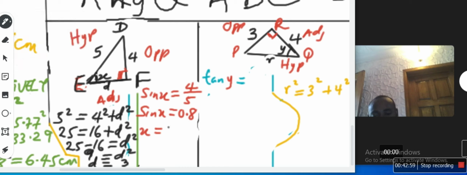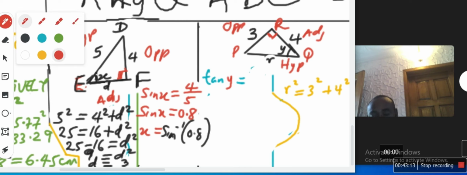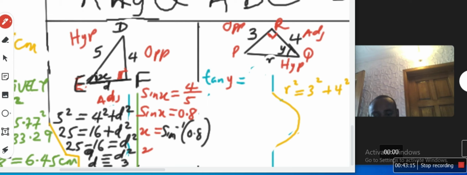This is how we write it. If you check your calculator, sine inverse of 0.8 gives us 53.1. In fact, angles should be rounded to 1 decimal place. 53.1 degrees.